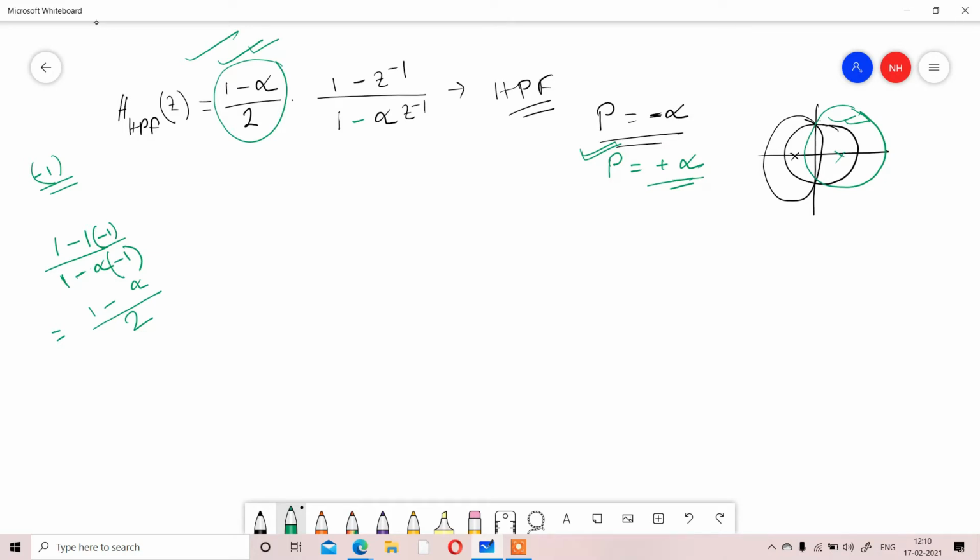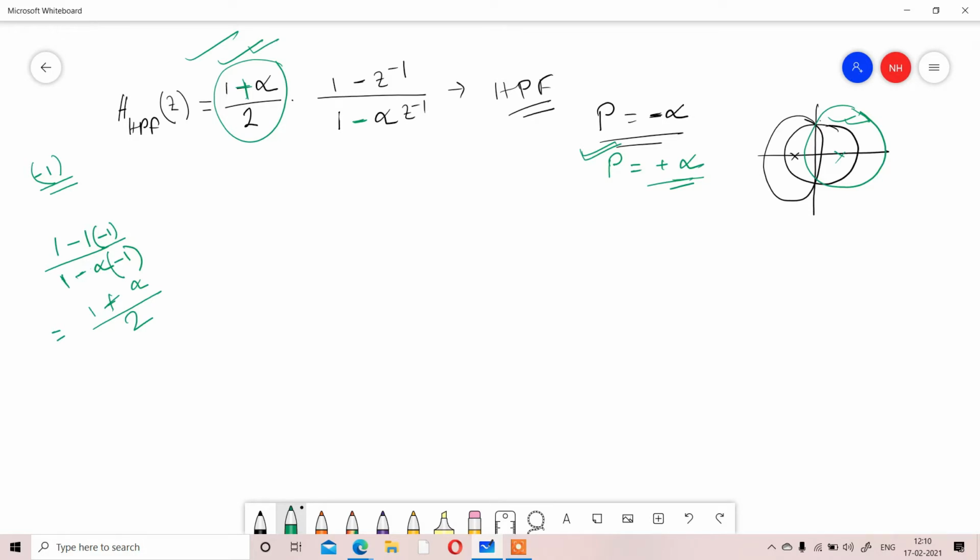Okay, so now if we consider the DC coefficient and the multiplying constant is minus 1, it will be 1 minus 1 multiplied by minus 1, 1 minus alpha multiplied by minus 1, so it will be 1 plus alpha by 2, so that sign will be plus. So simply what we are getting, whenever we are changing that parameter to minus 1, we are getting the DC coefficient parameter as plus alpha.